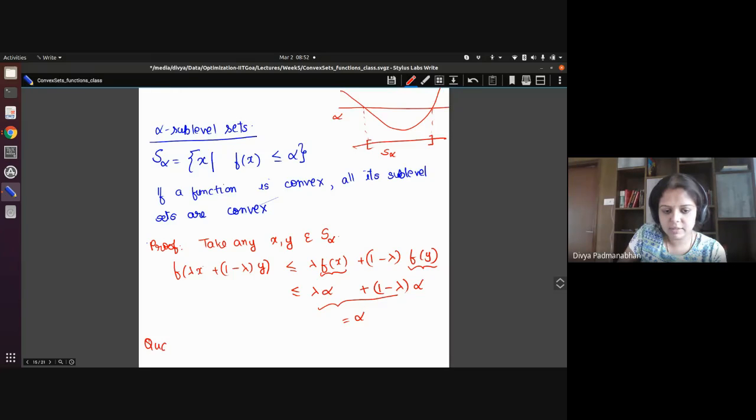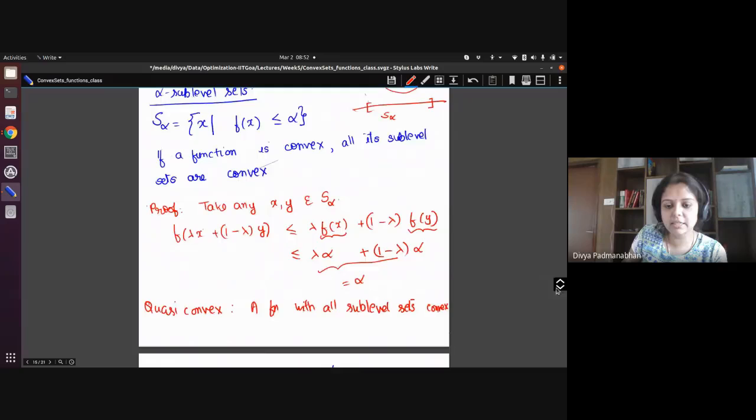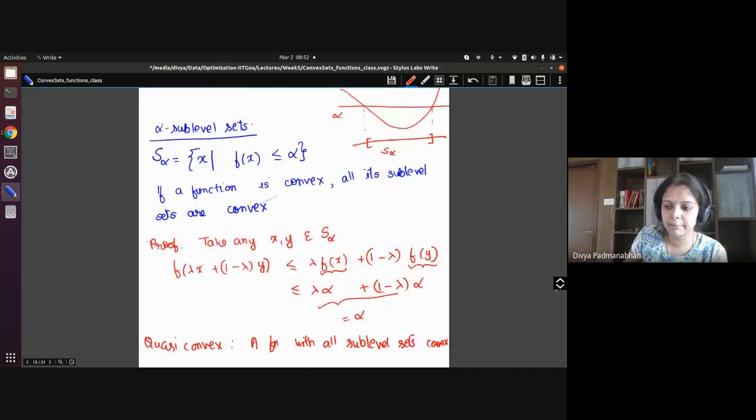A quasi-convex function is a function with all sublevel sets convex. The function is not necessarily convex if this happens.